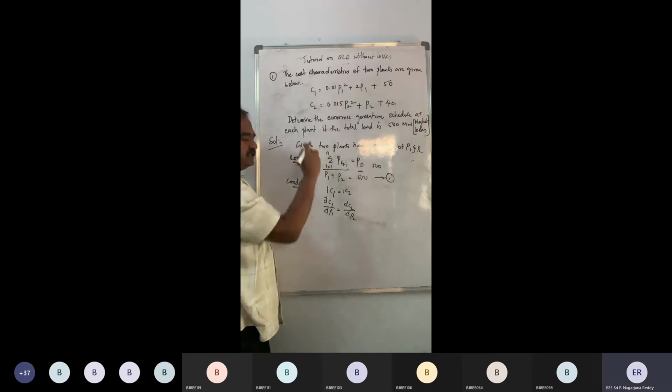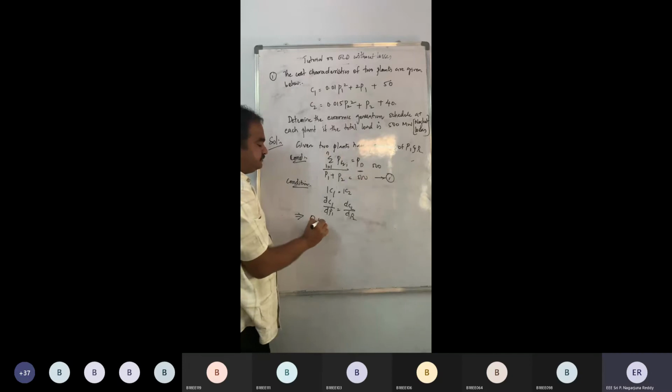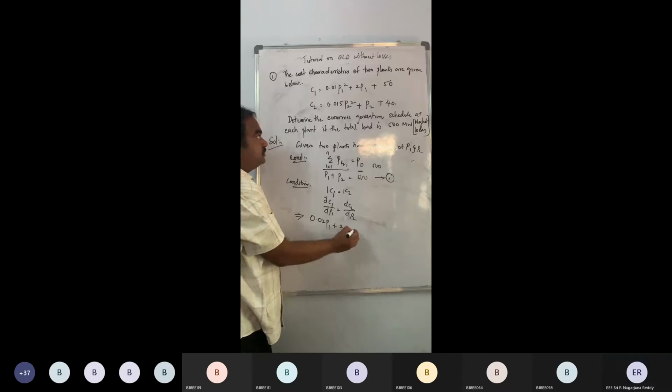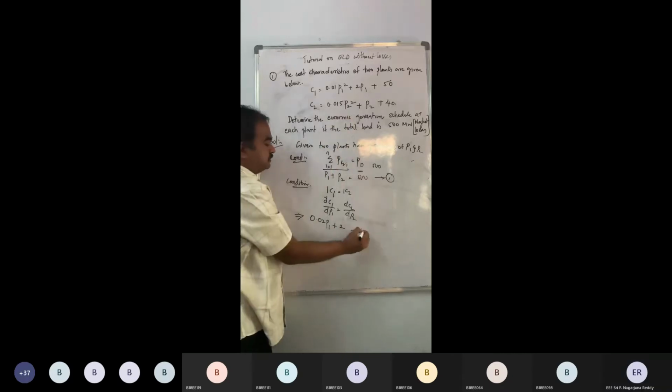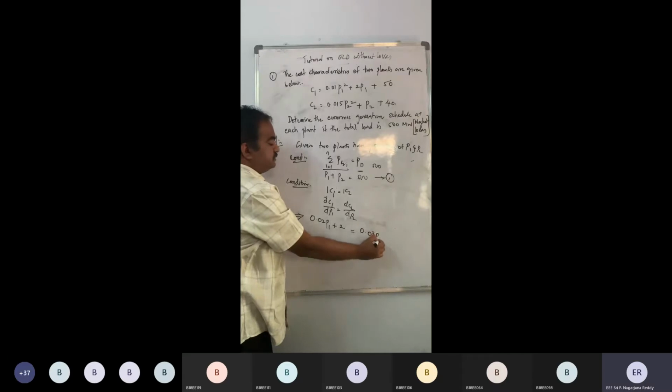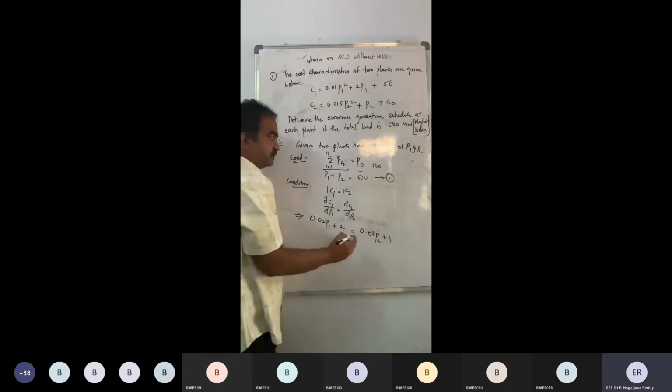So differentiating with respect to P1, I am getting 0.02 P1 plus 2 is equal to 0.03 P2 plus 1. So this is my equation number 2.